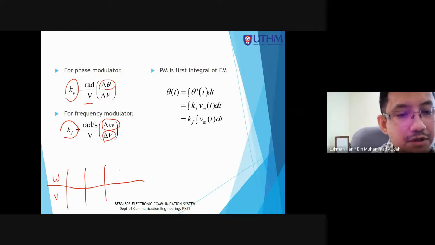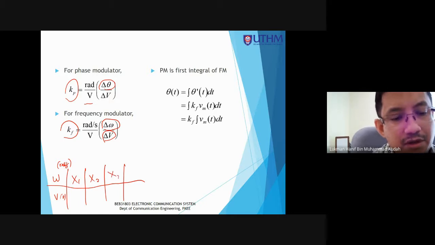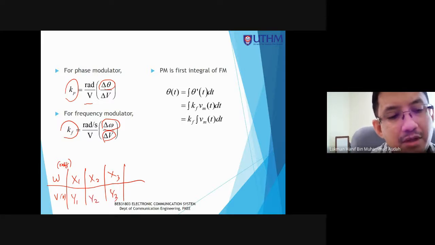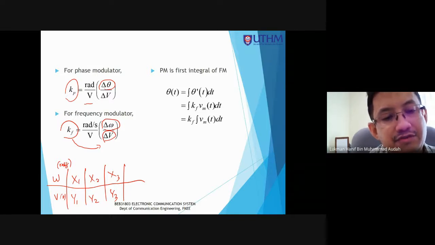This is in terms of radian per second, and this is in terms of volt. The question gave x1, x2, I don't remember the values, and similarly for the voltage, y1, y2, y3. Remember that in order to find Kf, it is defined as the difference of omega divided by the difference of voltage.